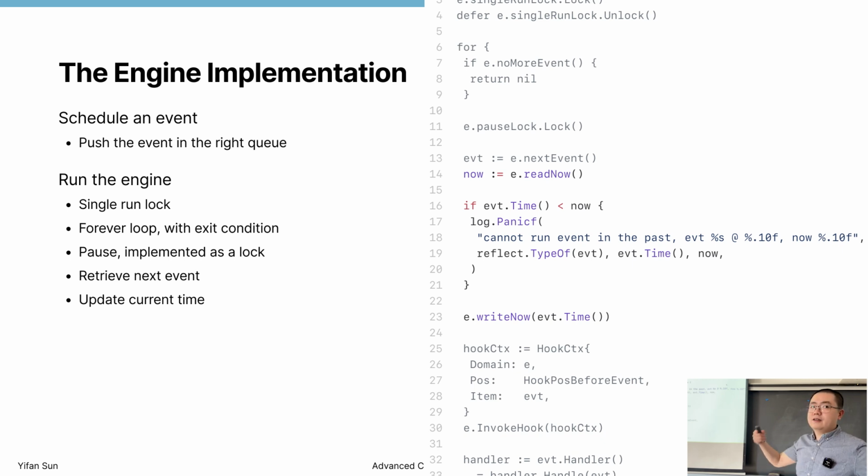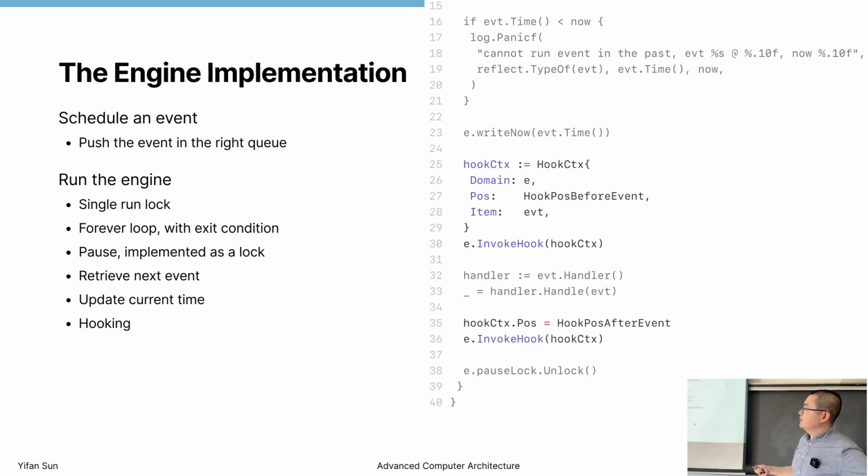So later, when you call current time, it will always return this time. This will make sure the time arrow will go forward. Then we call hook. This hook is something we'll talk about later. It's basically a way that we can monitor what events are being executed. It's a whole system. Not important at this moment.